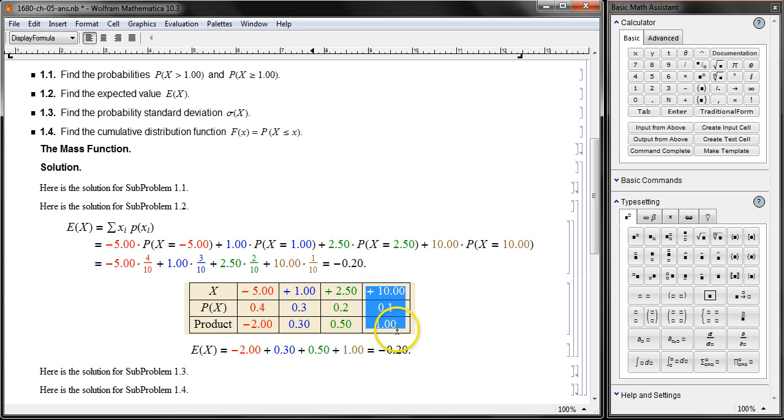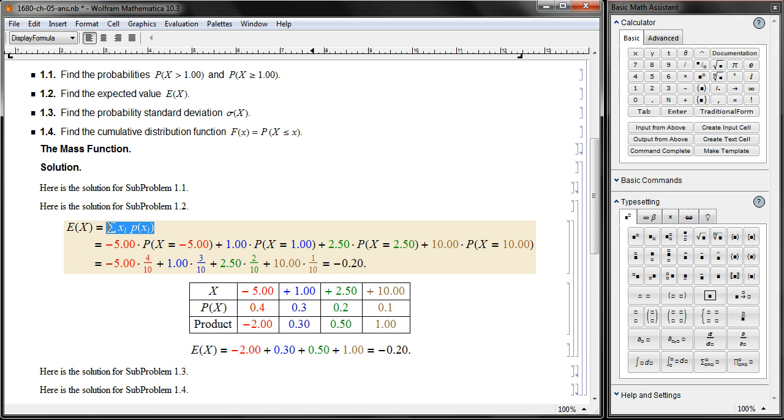Multiply, we get the product. And then what do we do? We add up all the products, as we see over here. So this is more algorithmic than formula. It's a little bit difficult to express this algorithm in a single line like this.